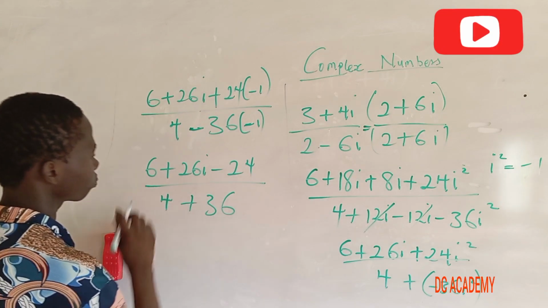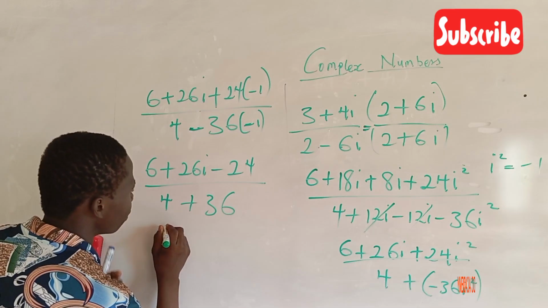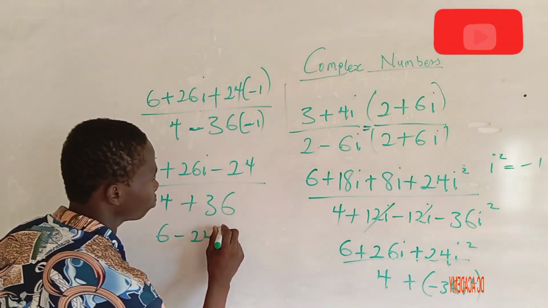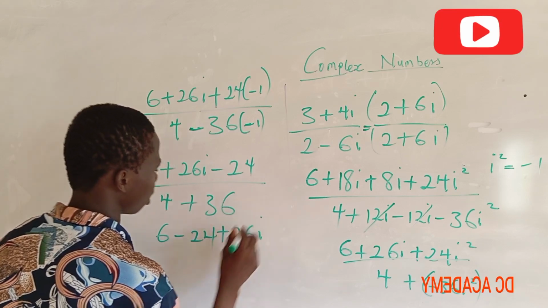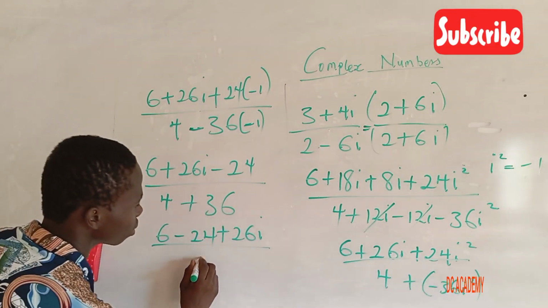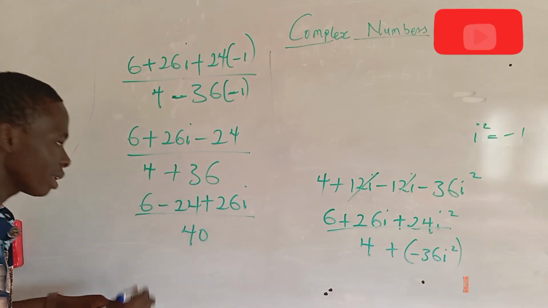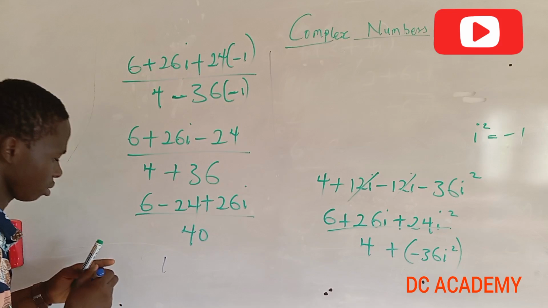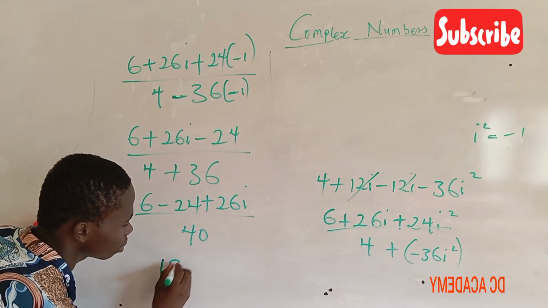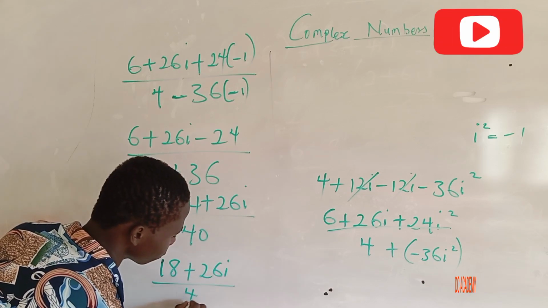Now at this point, let's make this on top. I now have 6 minus 24 plus 26i, all divided by this plus this, actually giving us 40. 6 minus 24 is actually minus 18.